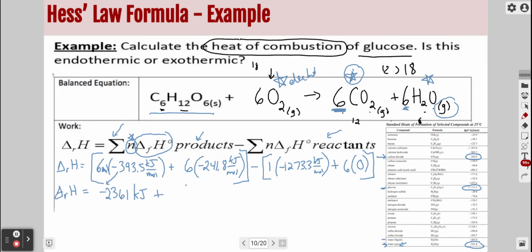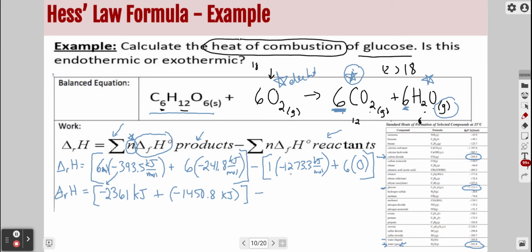Then we are going to add this next number, which looks like it's going to be a negative number. So I'm going to pause and get that number. All right, so 6 times negative 241.8 gives us negative 1450.8 kilojoules. We need to make sure we do this calculation before we subtract our reactants.